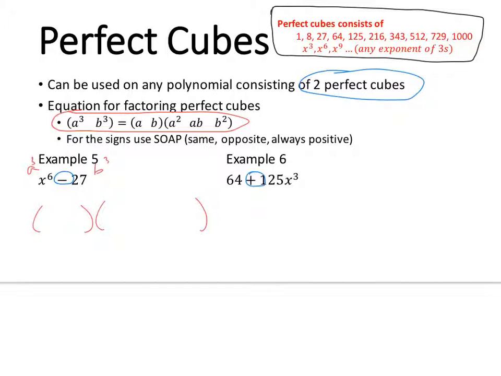If I start with x to the 6th, the third root of x to the 6th is actually x squared, and the third root of 27 is 3.